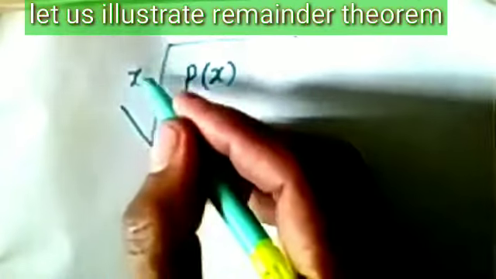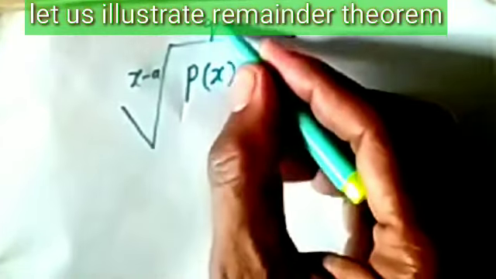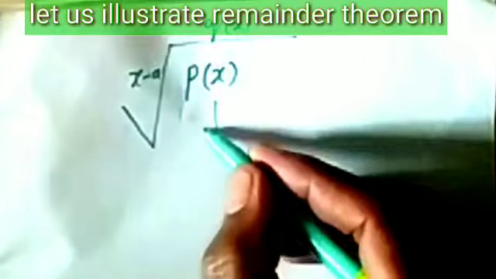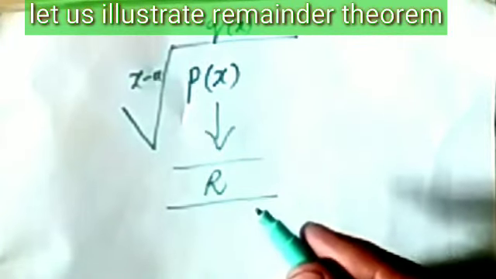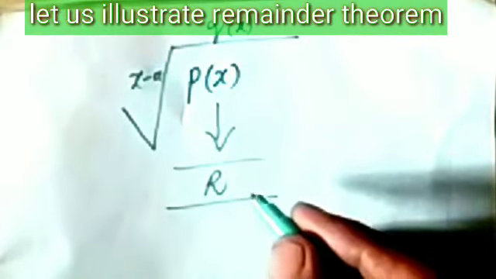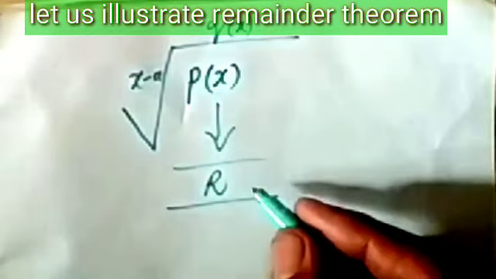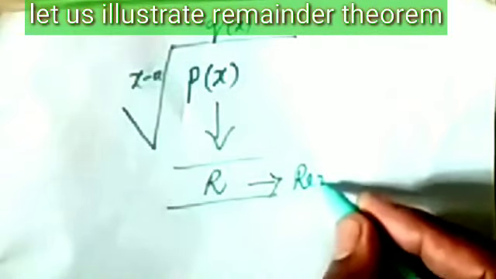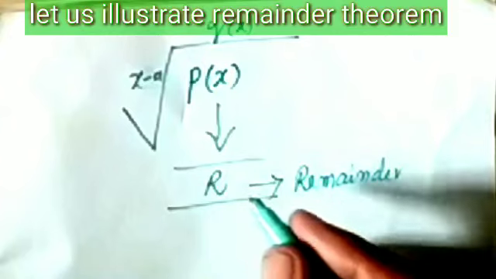How do we solve problems in the general way? Yes, p of x is divided by x minus a. So, you get q of x, the quotient part, and the remainder part r. In general, in any division we see these four parts: divisor part, quotient part, remainder part, dividend part.